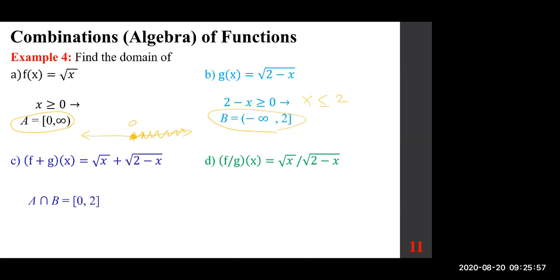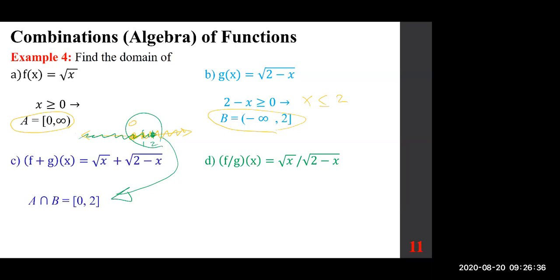Now for part B, I'm going to use a different color, and I'm going to use the same set, negative infinity to 2. If this is number 1 and this is number 2, that means from here all the way to negative infinity, right? So what's in common? It's this portion, 0 to 2.